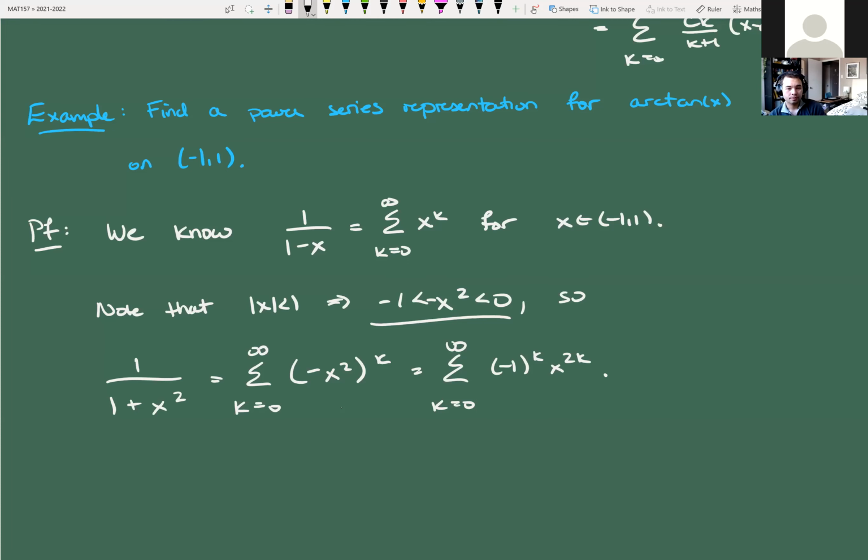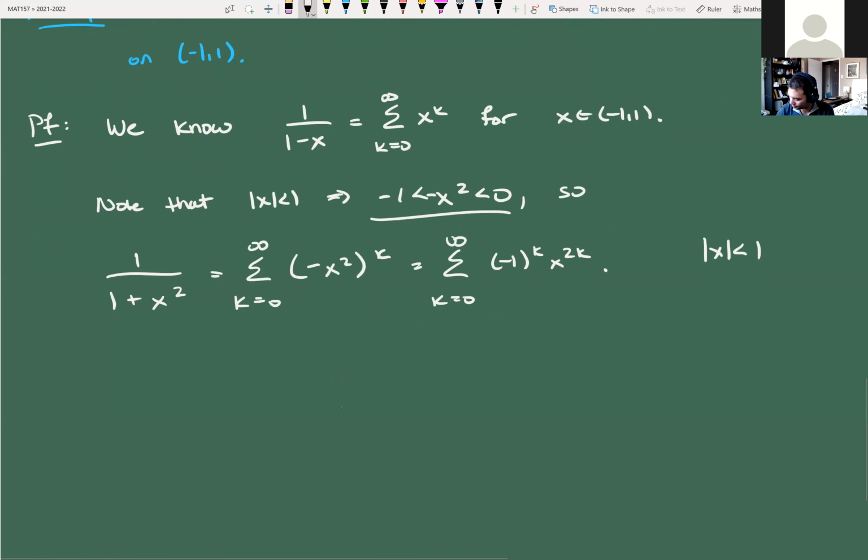Okay. And now if I integrate, this is still true for x between -1 and 1. And now I can integrate this. That's true.